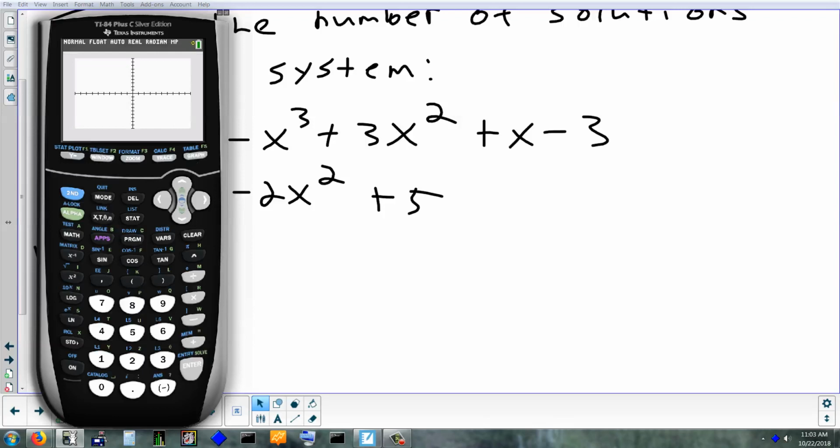So we kind of know what we're looking for, and if we don't see it, we might have to zoom out. There's my cubic. There's my parabola. All right. Am I seeing everything that I need to be seeing here?